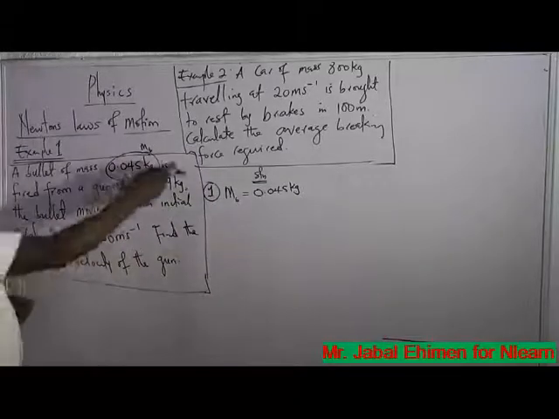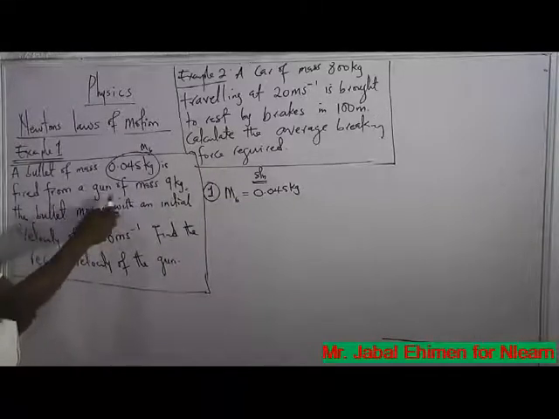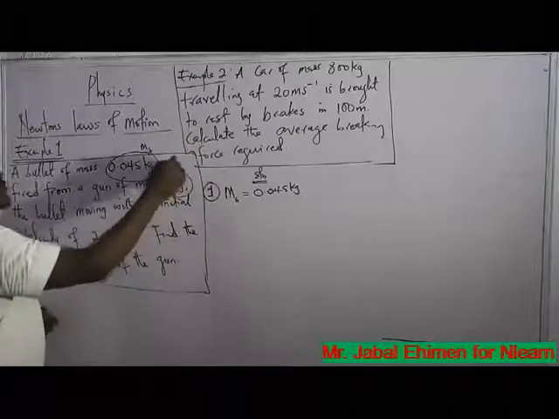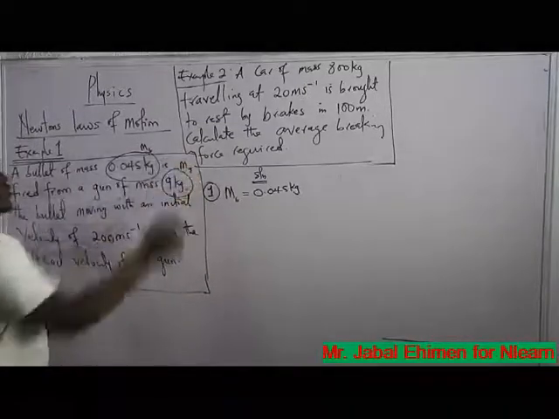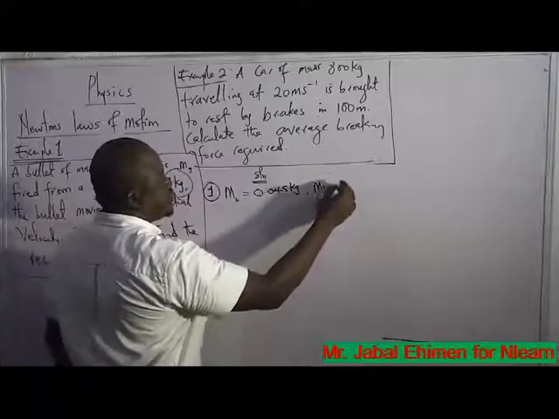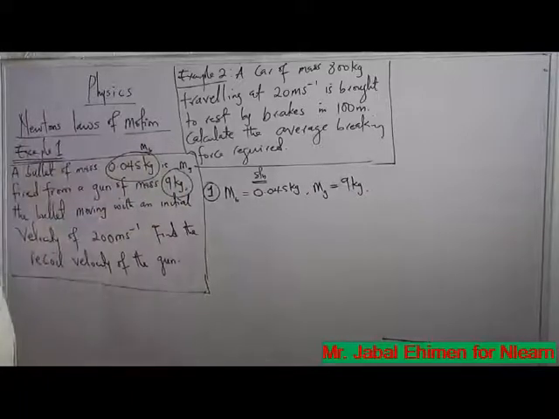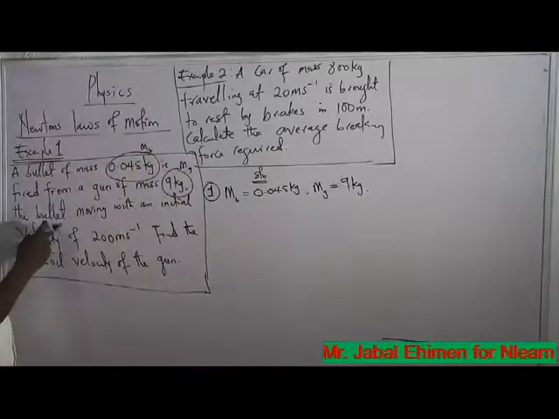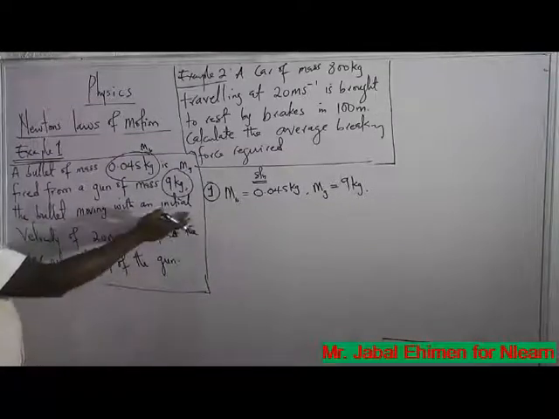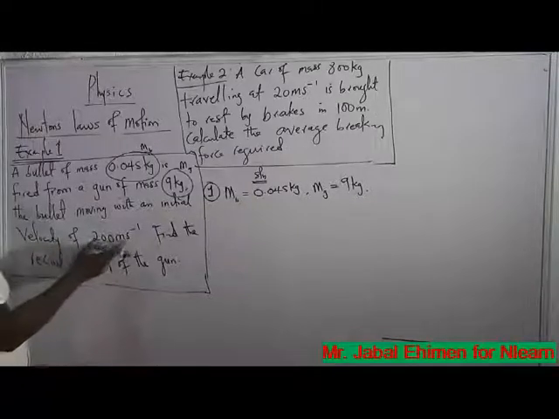It is fired from a gun of mass 9 kg. So the mass of the gun is 9 kg. I can pick that. It said the bullet is moving with an initial velocity of 200 meters per second.